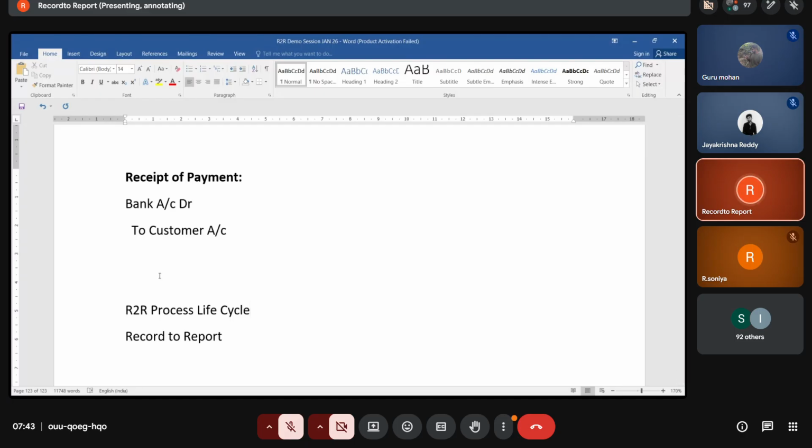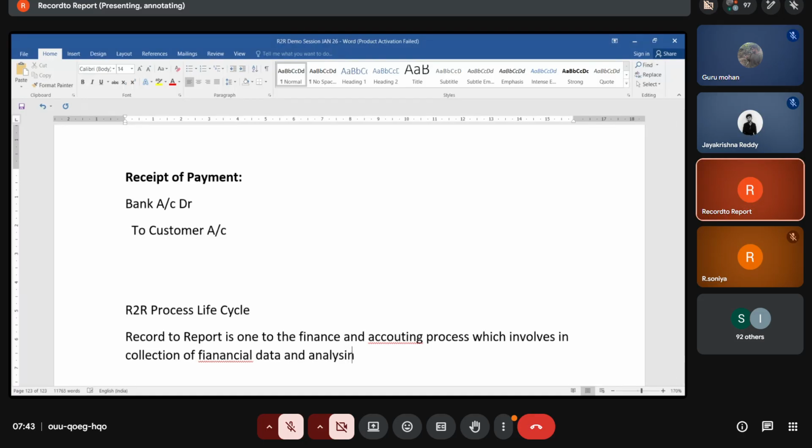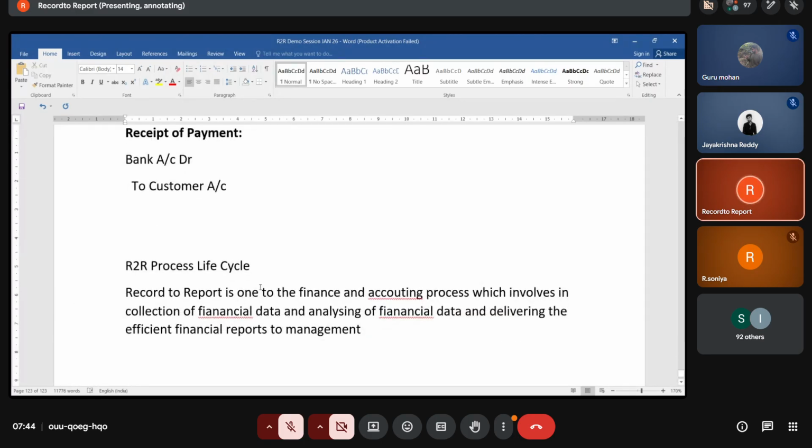R2R is one of the finance and accounting processes which involves collection of financial data, analyzing the financial data, and delivering efficient financial reports to management. So R2R is one of the finance and accounting processes which involves collection of financial data, analyzing of the financial data, and delivering the efficient financial reports to the management, guys.